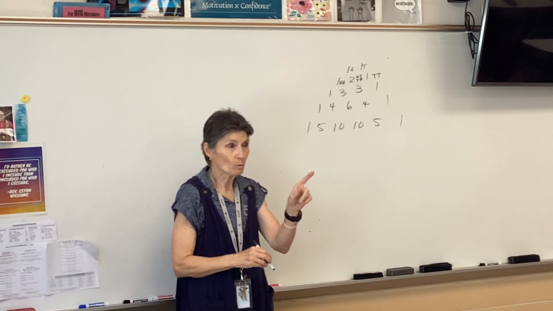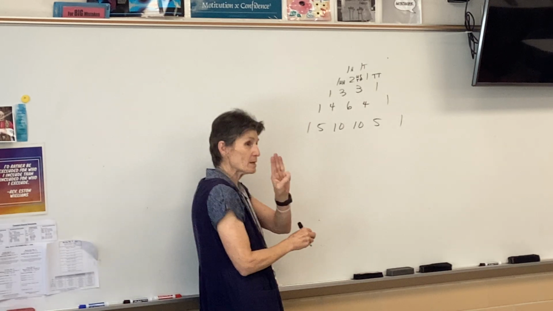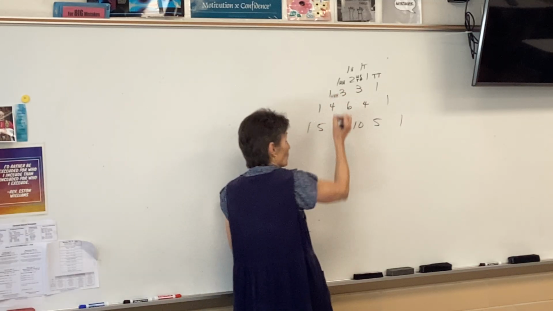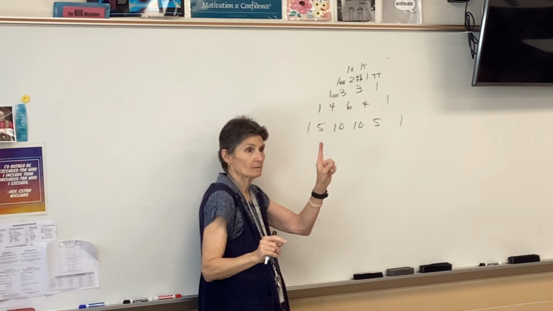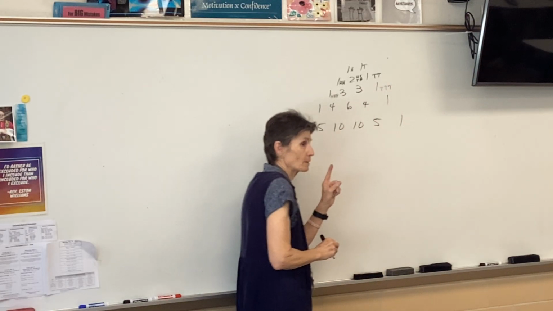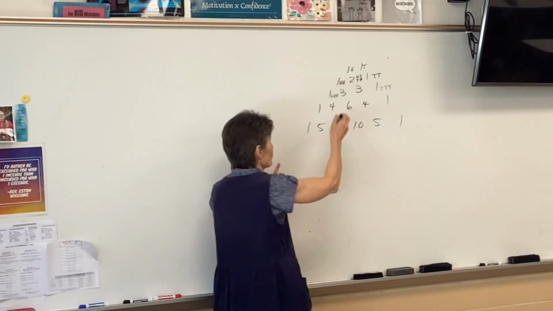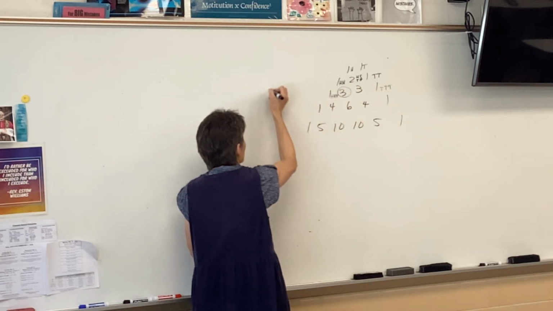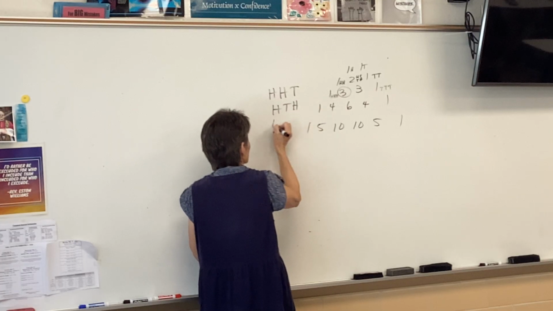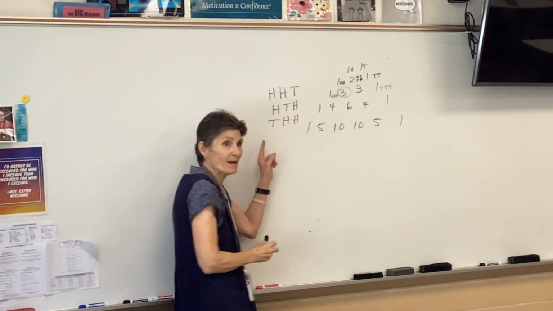All right, I'm going to do one more. If you flip three coins, you could get all three heads. One way to do that: head, head, head, that's it. One way to get all three tails. But there are three ways to get two heads and a tail. Do you see that?